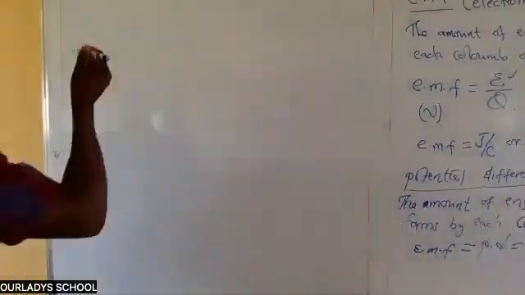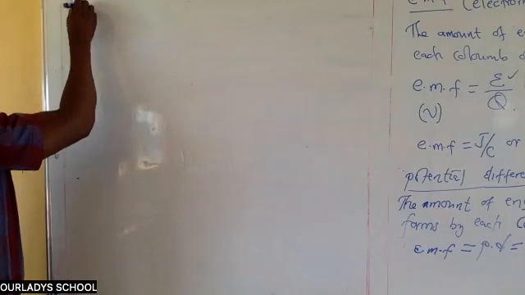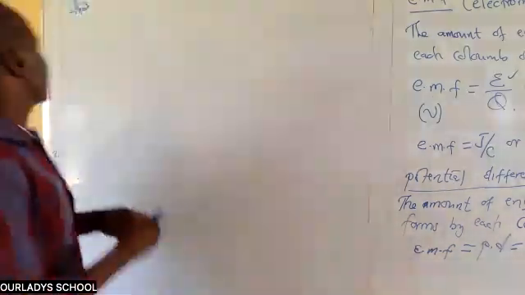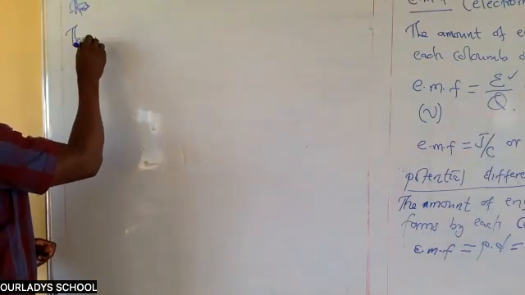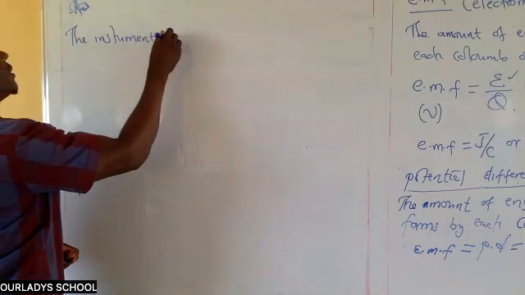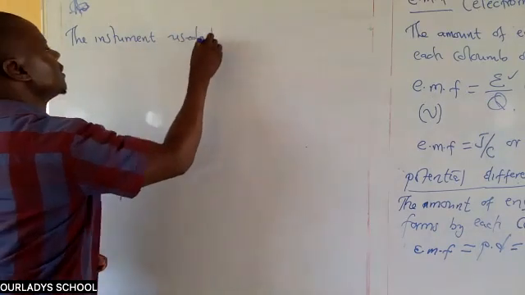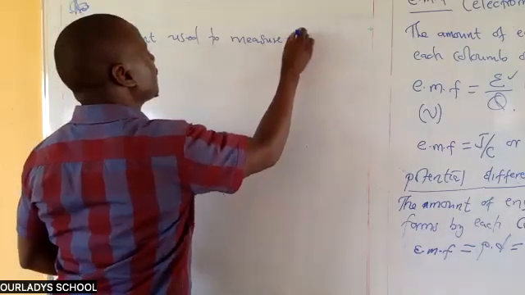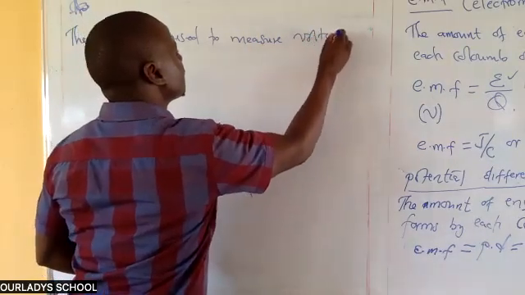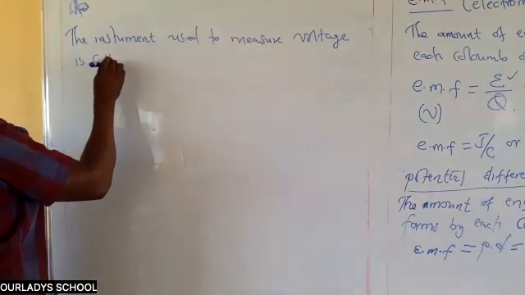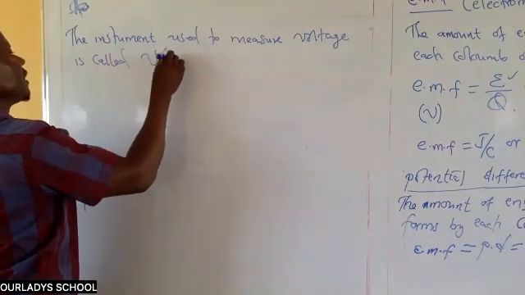Bingo. So we are saying the instrument used to measure voltage is called a voltmeter.